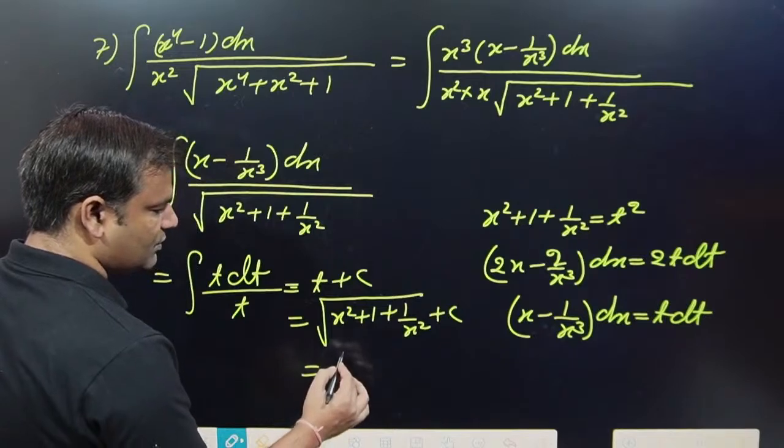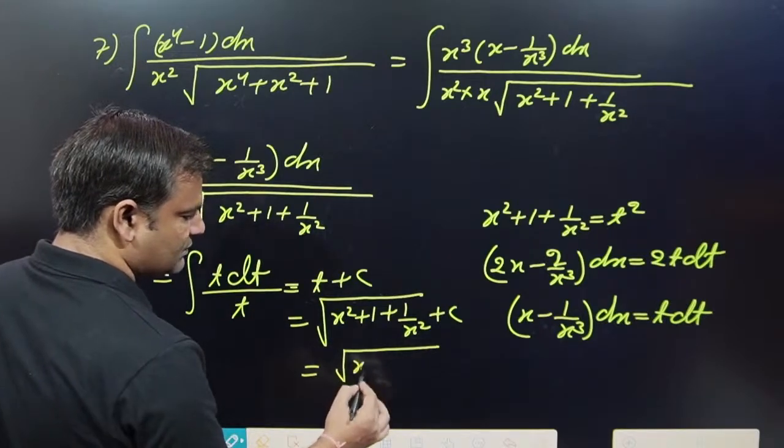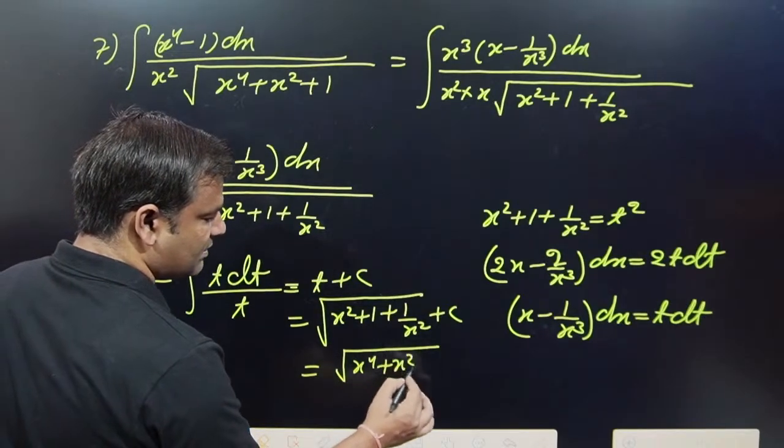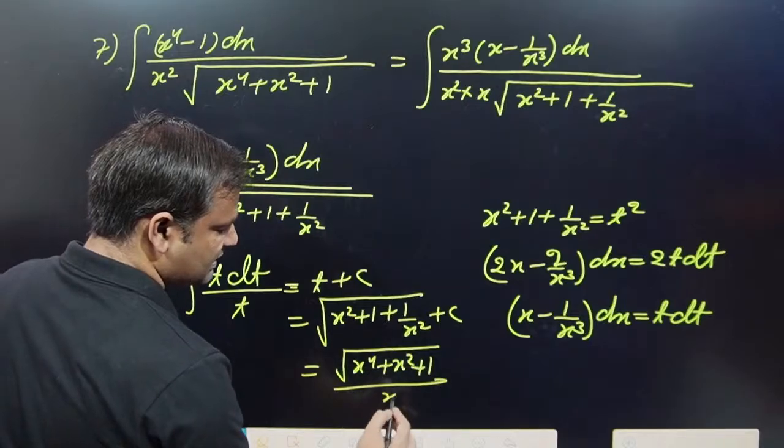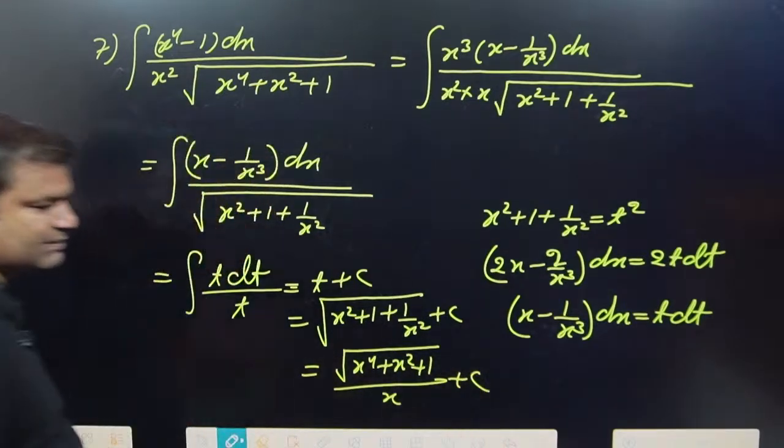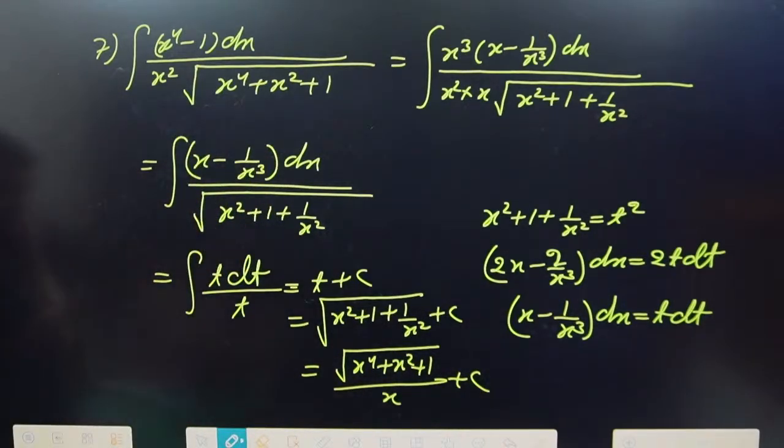So the right answer is under root of (x to power 4 plus x square plus 1) upon x, plus c. Okay. So clear?